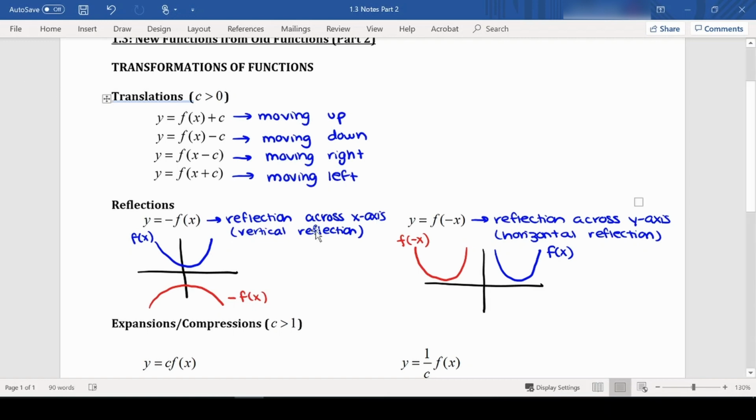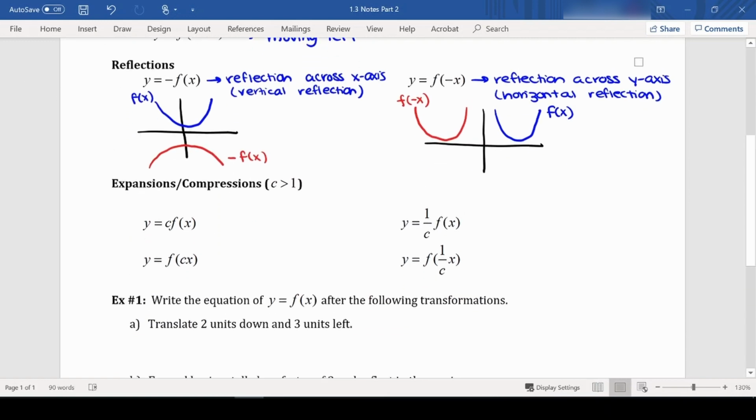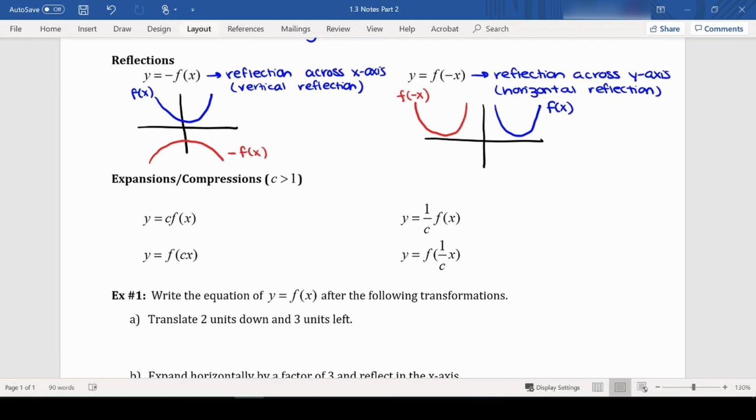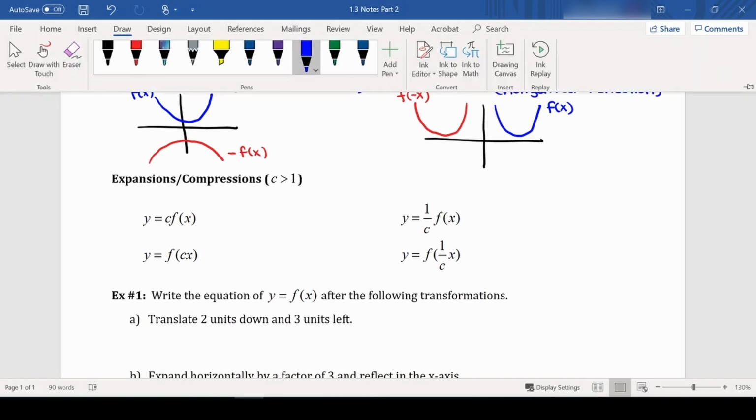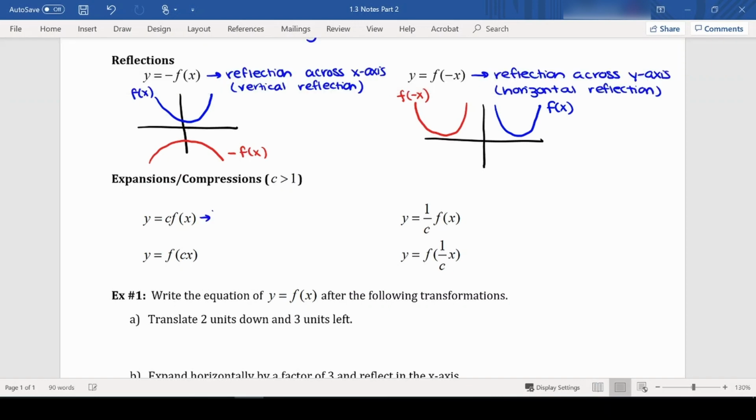We also had expansions and compressions. A reminder that if you have your value in front of your function, this was a vertical expansion, and it was exactly how you see it. Okay, so this one here is a vertical expansion by c.